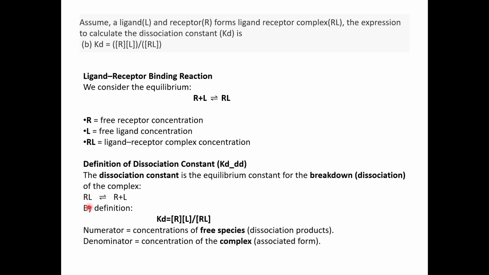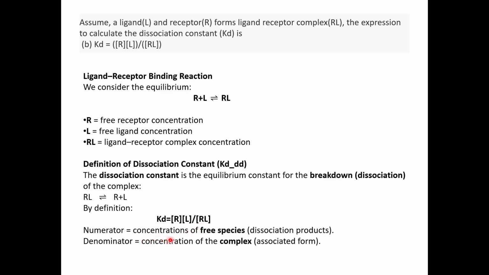So it goes both ways. It can also be RL, your complex, when it dissociates into free ligand and free receptor forms. So what is the equilibrium constant there? So by definition, the dissociation constant is the concentration of your receptor and the concentration of your ligand divided by the concentration of your receptor ligand complex.